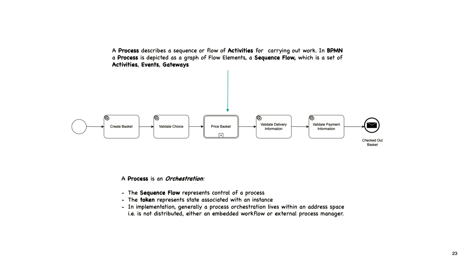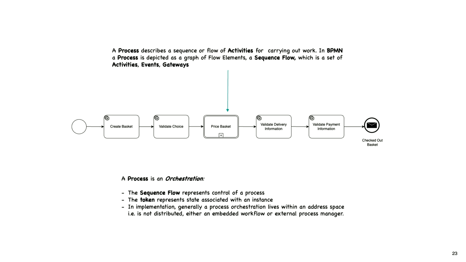So there's a notion in BPMN of a token. And the token is, if you like, state for a given instance of that workflow that's running, that essentially travels down that workflow in steps. And so one of the clear ideas about an orchestration is that an orchestration has some kind of state and you are managing where in the workflow you are for a given instantiation of that workflow.